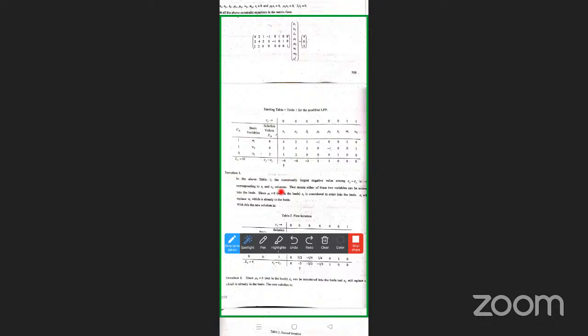Next, we have to find the minimum ratio. First we have to find delta J for each and every variable, that is x1, x2, lambda 1, mu1, mu2, s1, w1, w2.